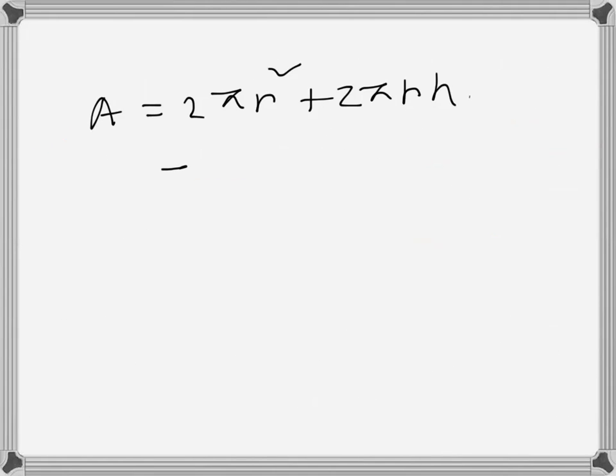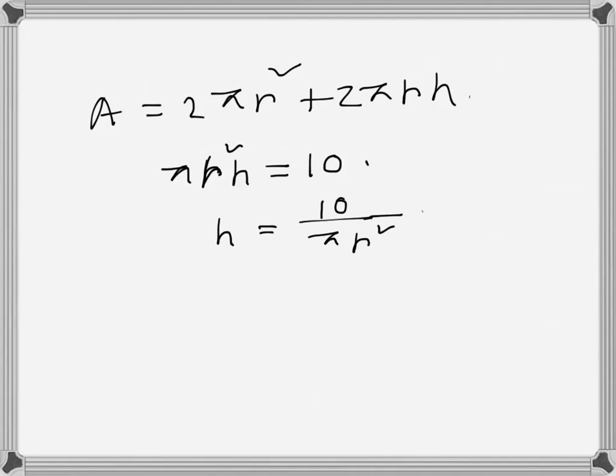So we know the volume of the cylinder is given by this expression pi r square h, and that is 10 CFT. So we can write h as 10 over pi r square. So we need to substitute the h in this expression.